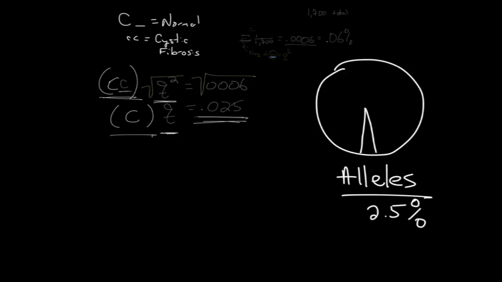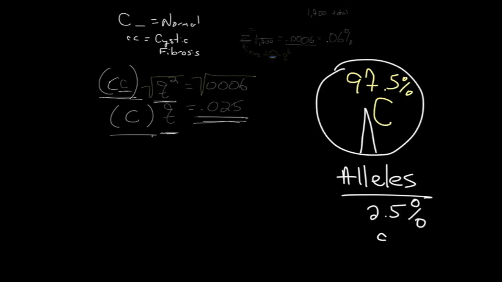So if 2.5% of the population is little c, what percentage is big C? 97.5. Yes, it's 97.5. So 97.5% is the rest, big C, right?